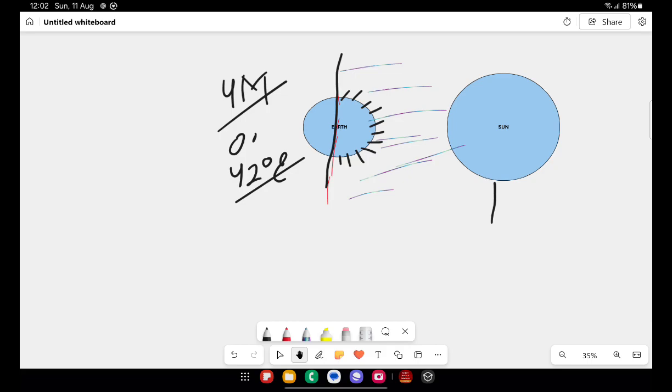We'll take Greenwich as a reference point because Greenwich is the place from where the prime meridian passes. So you just multiply 42 by 4, and it would give you 168. So basically 168 minutes have passed.